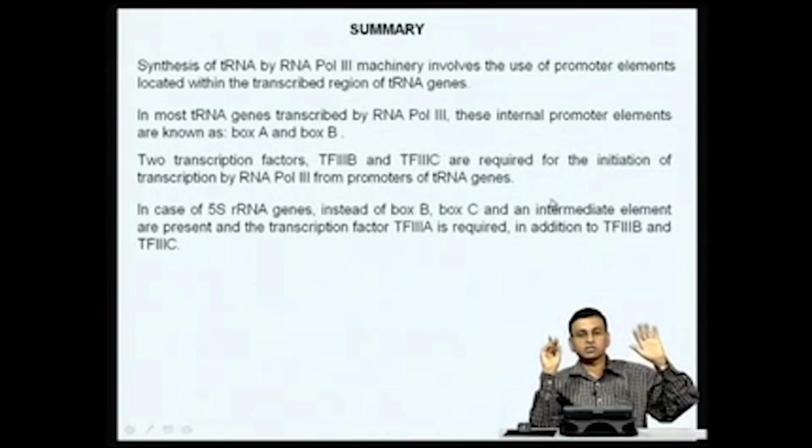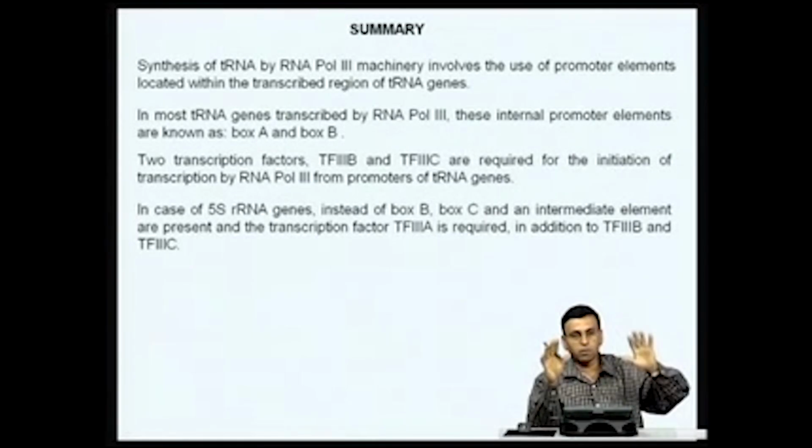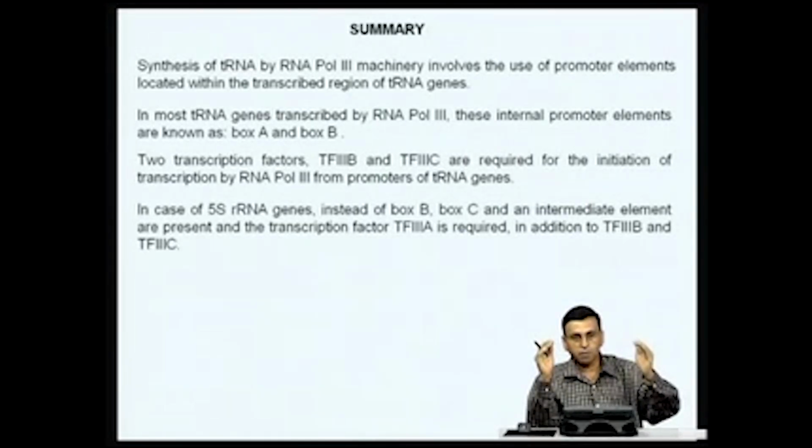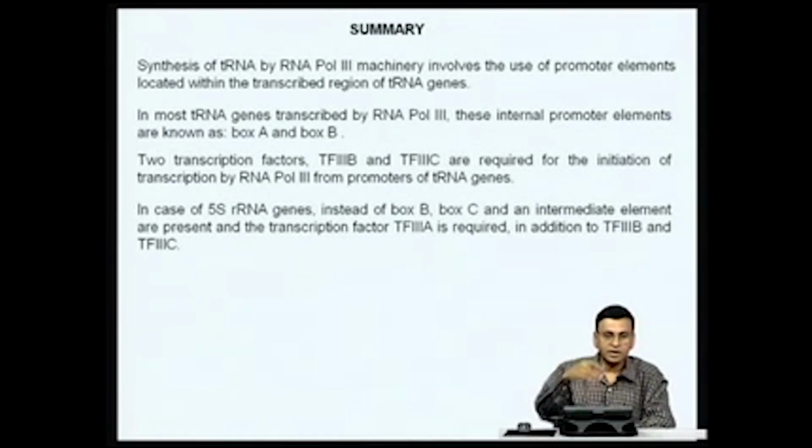So, if somebody asks you to describe a tRNA gene promoter and the trans-acting factors, it is very simple. The tRNA gene promoters are internal, they consist of two major cis-acting elements, box A and box B, and two transcription factors called TFIIIB and TFIIIC together with RNA polymerase III are involved in transcription initiation in the case of the tRNA gene promoters.